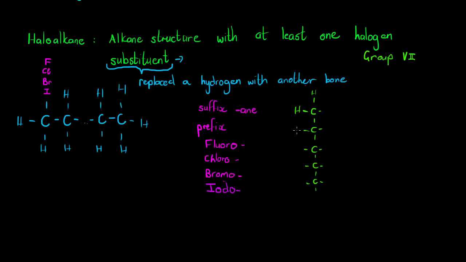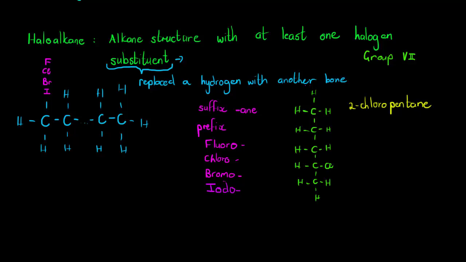So let's place the hydrogen covalent bonds there, and let's put a chlorine here. So we've got hydrogens all over. Now this one's name I will explain in a moment, but what it is called is 2-chloropentane. Sorry, 5 is pentane.